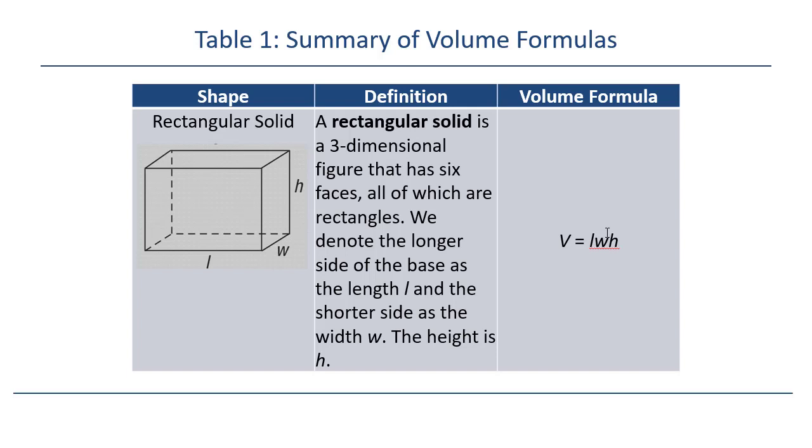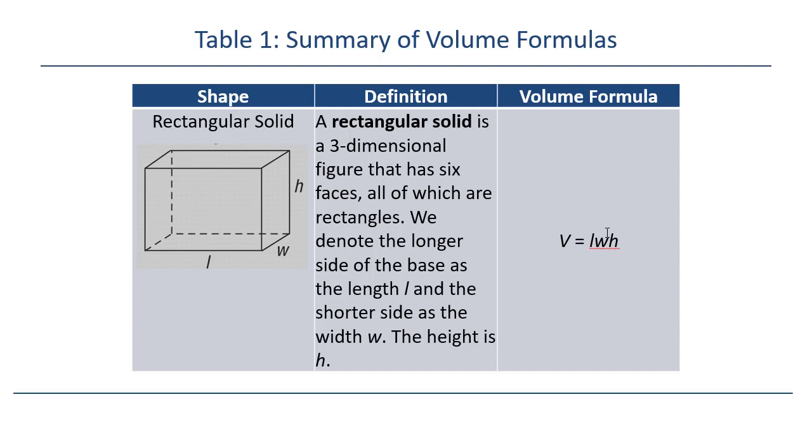But the reason why it will serve you better in the future is there are other objects that aren't these nice, simple, easy, rectangular solids, and they have seemingly more complex formulas.